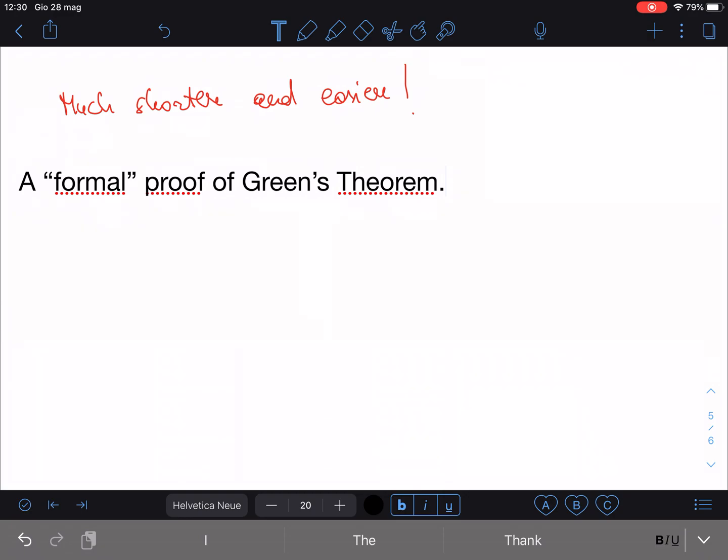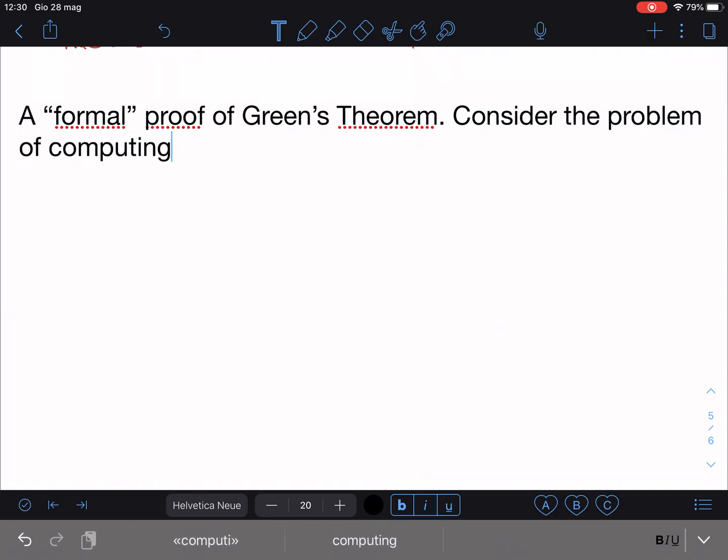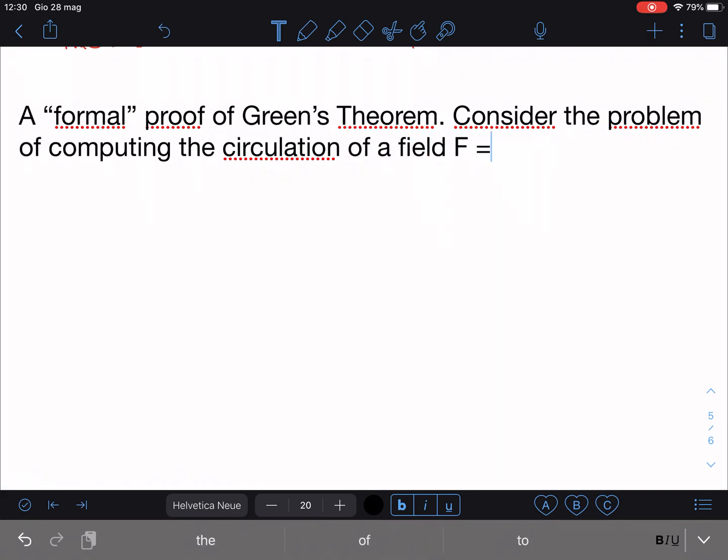Okay? So the idea is the following. Consider the problem of computing the circulation of a field F. As usual, F is F1, F2.